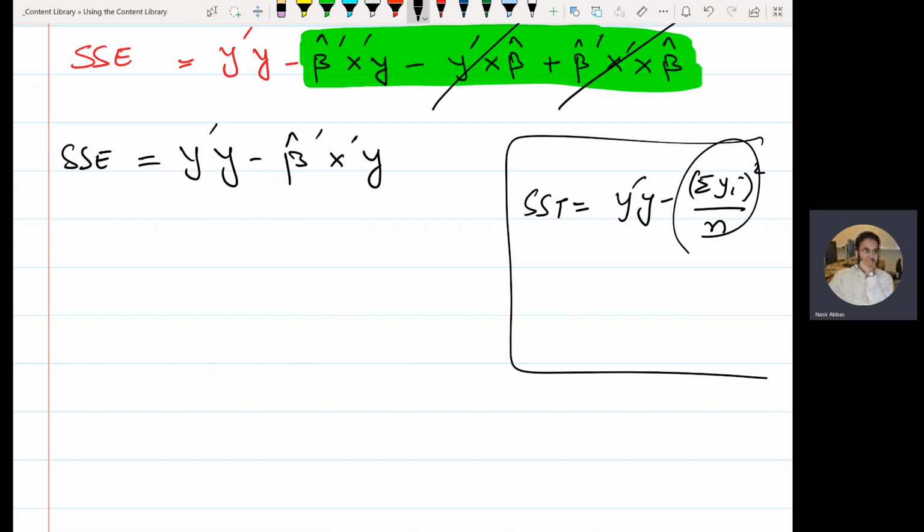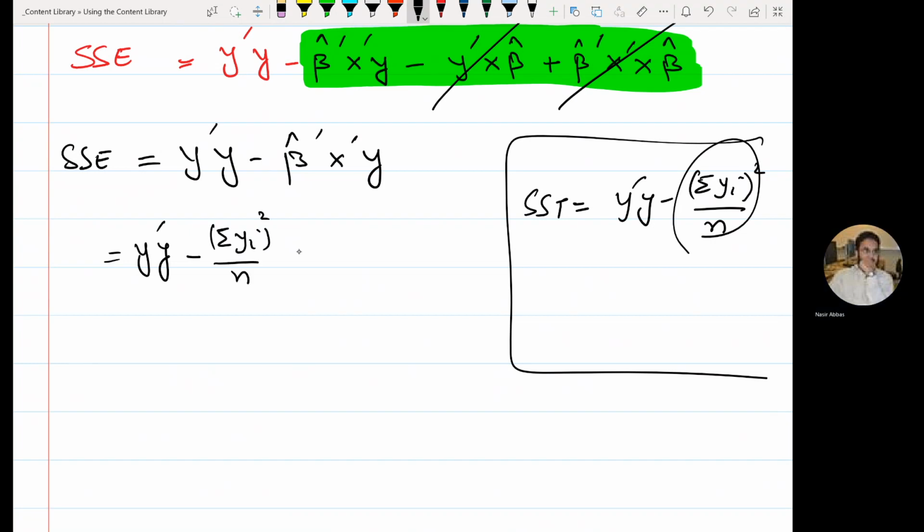So I'm going to add and subtract this thing to bring SST into the picture. So there will be Y prime Y. Here I subtract, and I add this thing also to balance the equation.